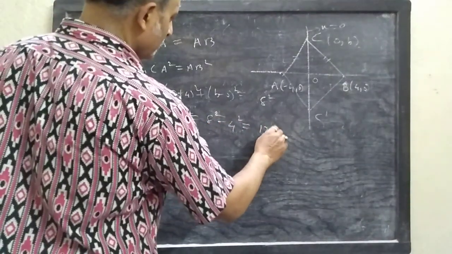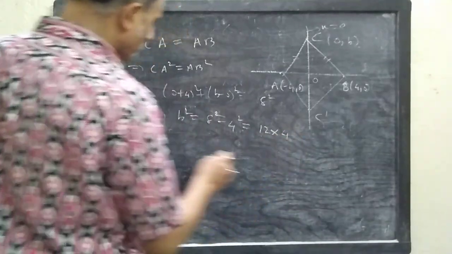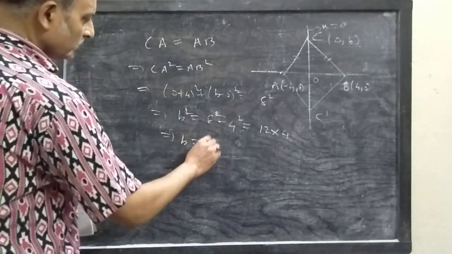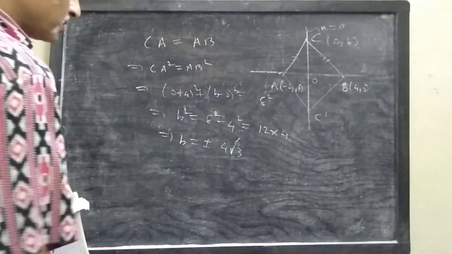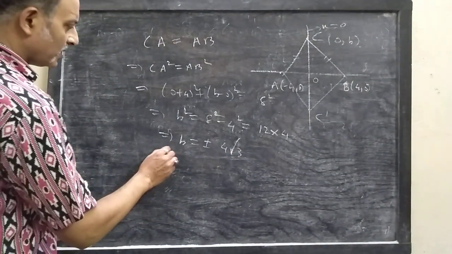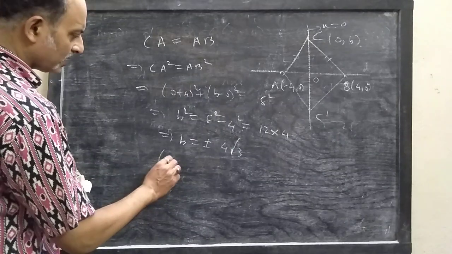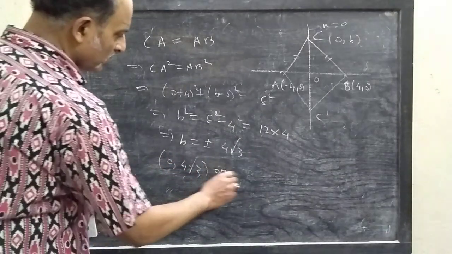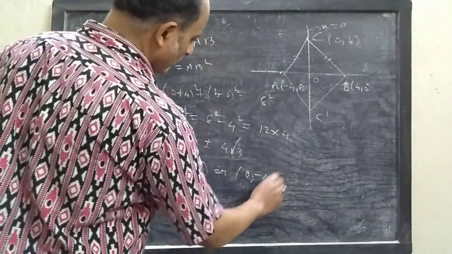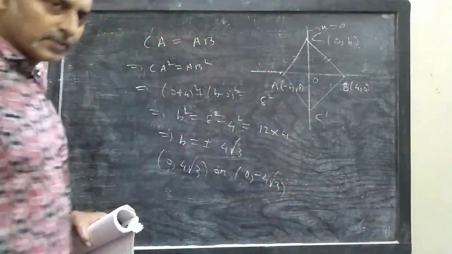This ultimately gives 12 into 4. So b will be 4 root 3. So the possible coordinates of the third vertex are, one is 0, comma 4 root 3, or the other is 0, comma minus 4 root 3. Okay?